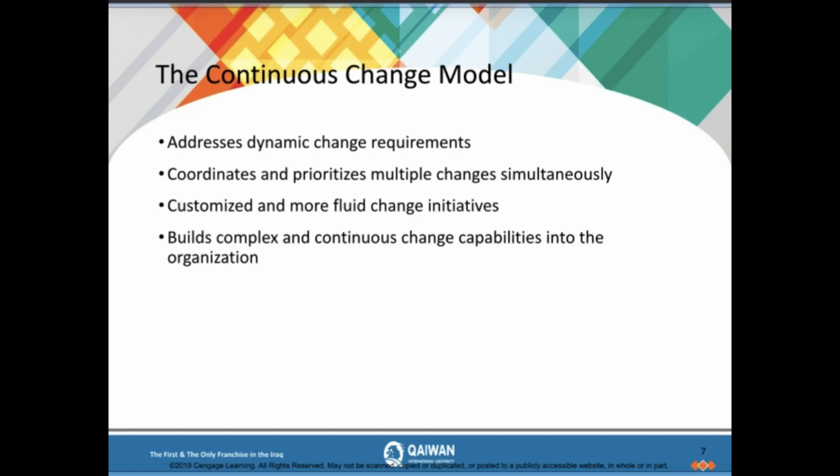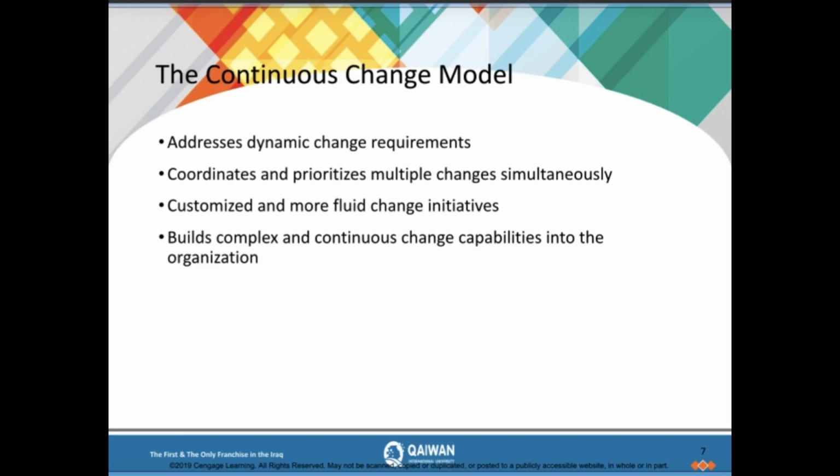Third, the model allows for customized and more change initiatives. And finally, it builds a complex and continuous change capability into the organization. This means that the organization becomes more capable over time, employees learn to adapt, and the process improves continuously.